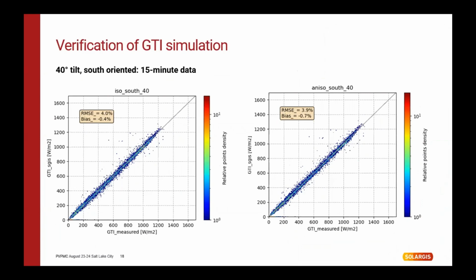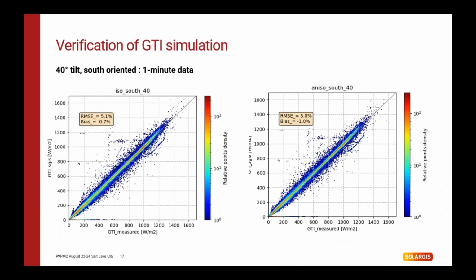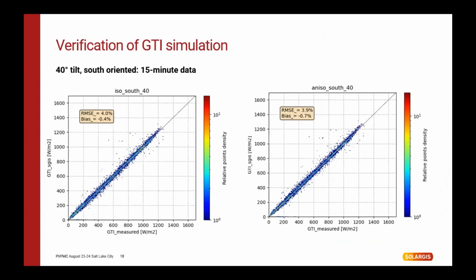But we see that the performance is very similar. Bias is slightly lower, but this is probably a result of some smoothing, and also RMSE. In the previous slide it was 5%, and for 15-minute data, where you have lower noise, it is as expected slightly lower, below 4%.